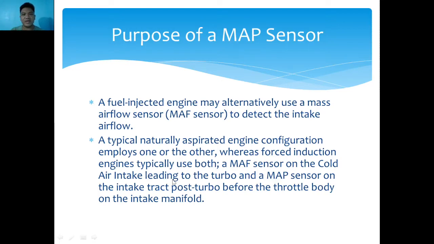Pretty much like how the mass airflow sensor is connected right in between the intake manifold and the air purifier of the engine. And the manifold absolute pressure sensor is, as always, connected in the intake manifold.